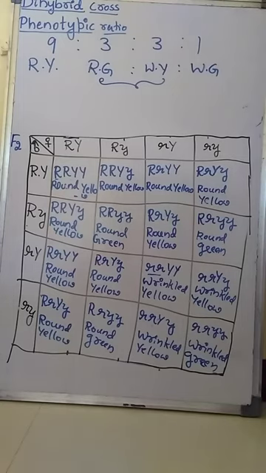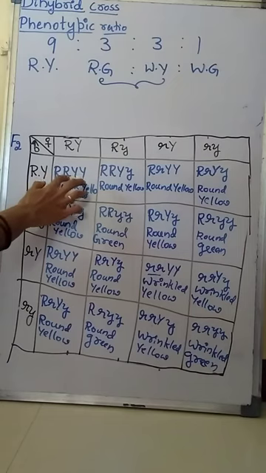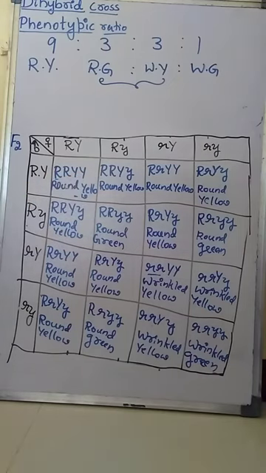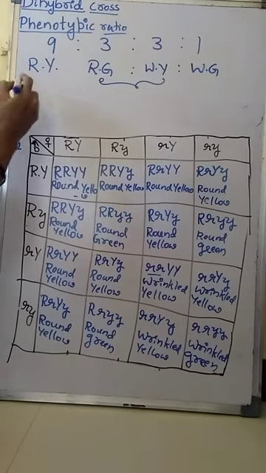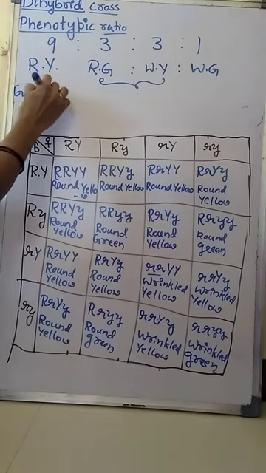Then the genotypic ratio of the dihybrid cross. Genotypic ratio means different combinations of genes. What are the different combinations of genes we have obtained in the F2 generation? Capital R, capital R, capital Y, capital Y means all homozygous dominant.